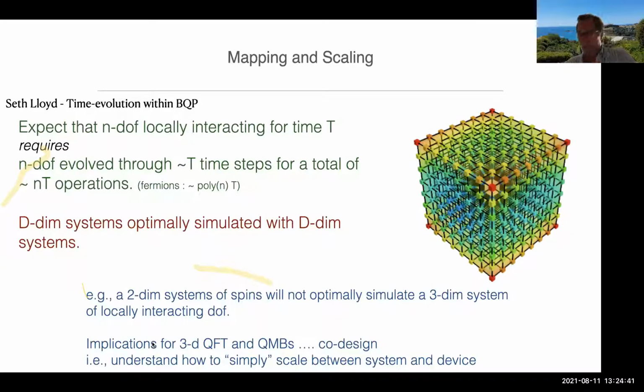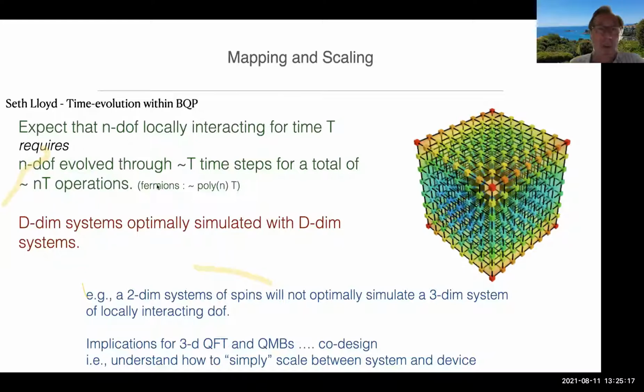There's a very nice result early on in the study of quantum information science, by Seth Lloyd, that the time evolution of an arbitrary state is within the BQP complexity class, which means it can be performed efficiently on a quantum device. The expectation is that if one has n degrees of freedom you're trying to simulate and they're interacting for some time t, this can be simulated efficiently with n degrees of freedom being evolved through n discrete time steps, for instance, through Trotter evolution.